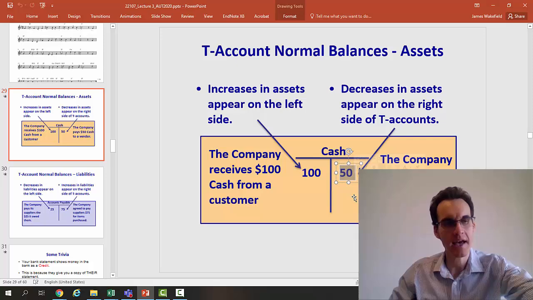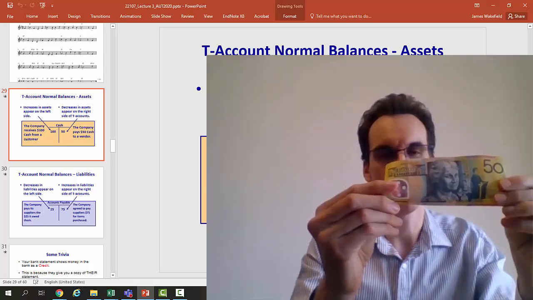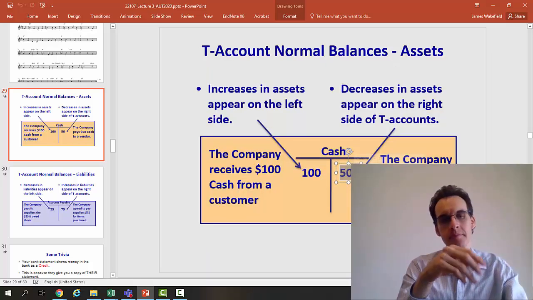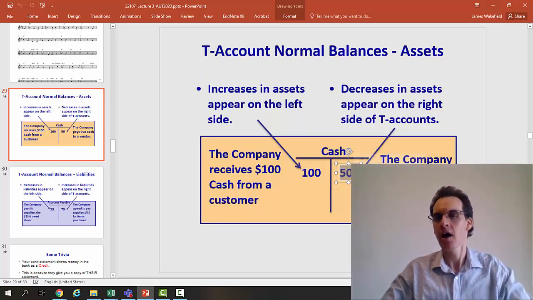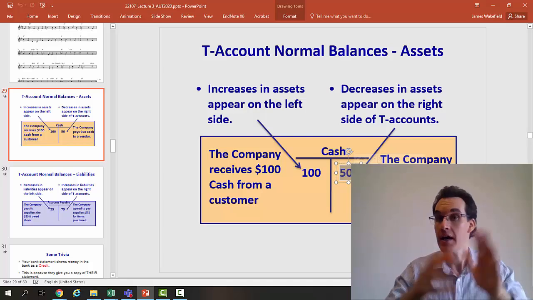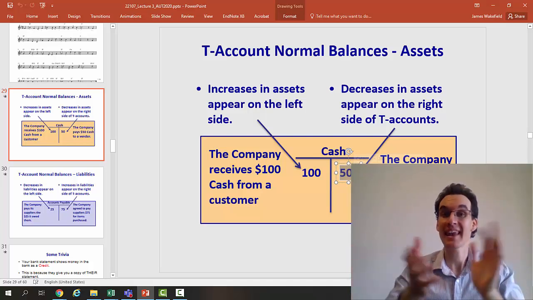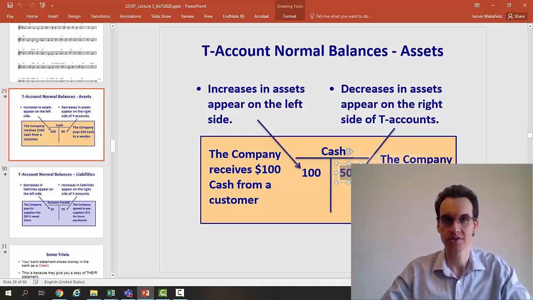So let me give you an example. Here's $50, right? Now, if I have $50 in my wallet, I can either have $50, I can have $40, I can have $2, $1, I can have $0, but I can never have any less than $0.